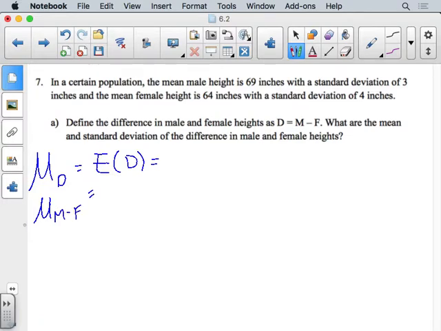Instead of just saying D, it might just say those two events. So what's the expected amount? Well, I typically have a male as 69, a female as 64. So we expect males to be 5 inches taller than females. We expect a difference of 5 inches.